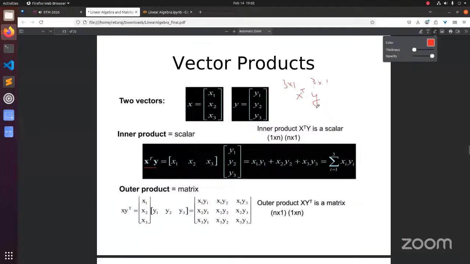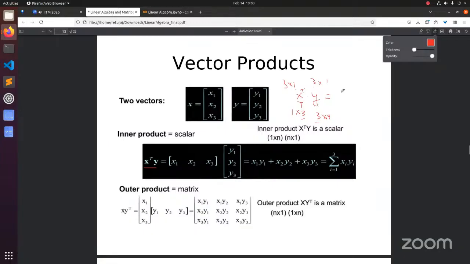X is this and y is this. Yes, sir. It is possible, because x transpose became 1 cross 3 and y is 3 cross 1. Now n and k are equal and it is possible.